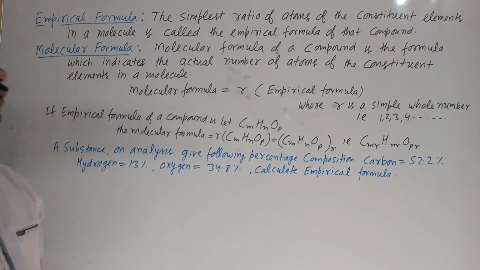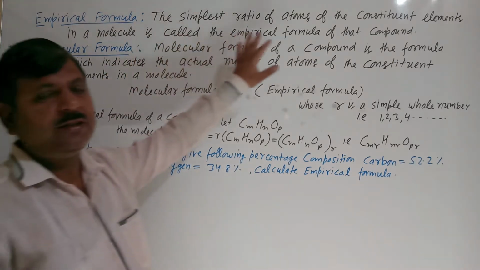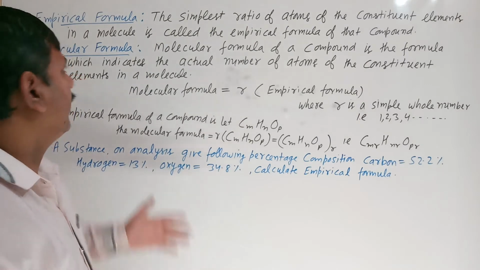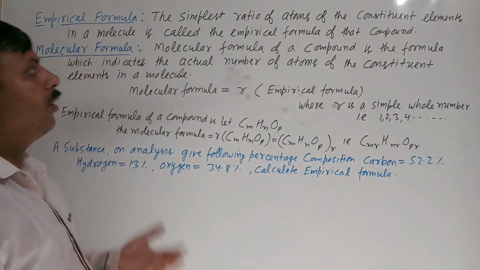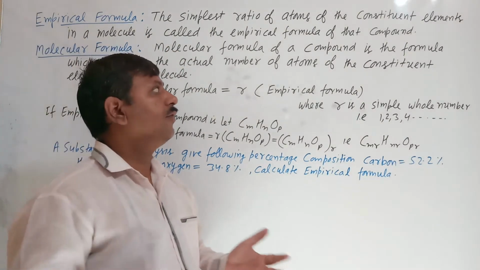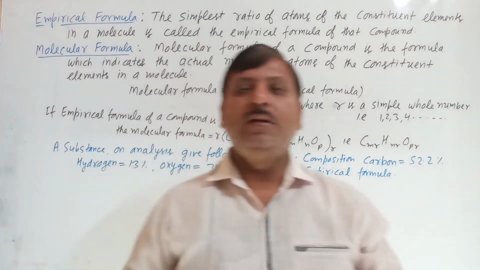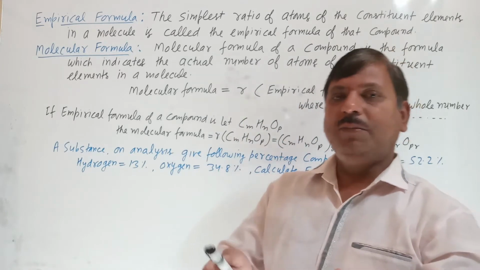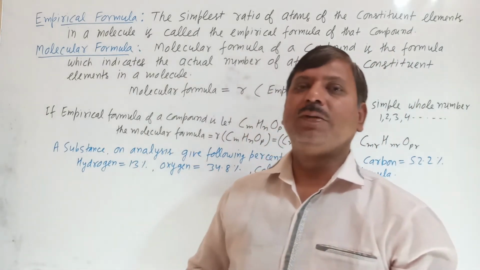See here, empirical formula. The simplest ratio of atoms of the constituent elements in a molecule is called empirical formula of that compound. What are the simple ratio elements present in the compound?